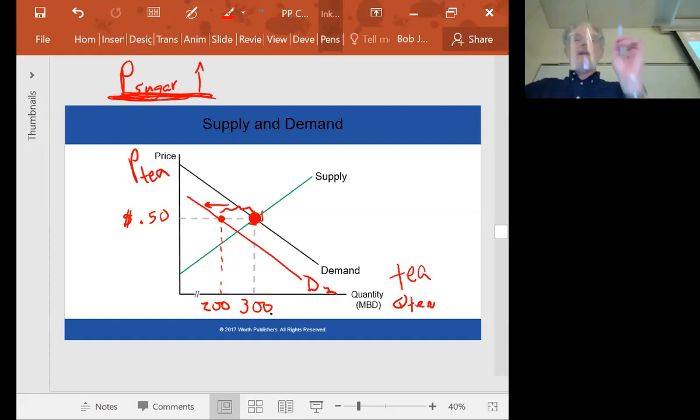Right? And anytime you have a surplus in a free market, the price is going to start going down. Not because the producers want to help the consumers, but because it's in the interest of the producers to cut their price. That's the way that they can get rid of their inventory. So the price starts to go down.